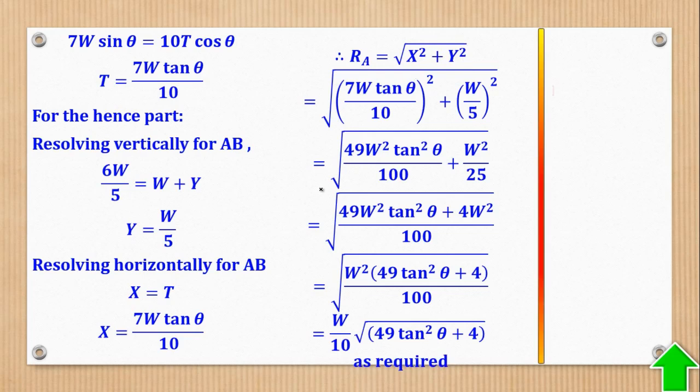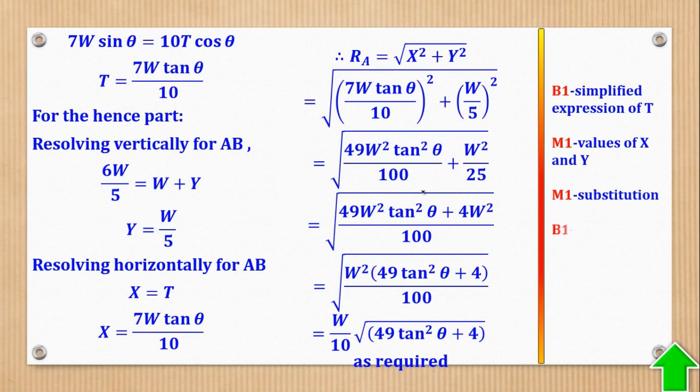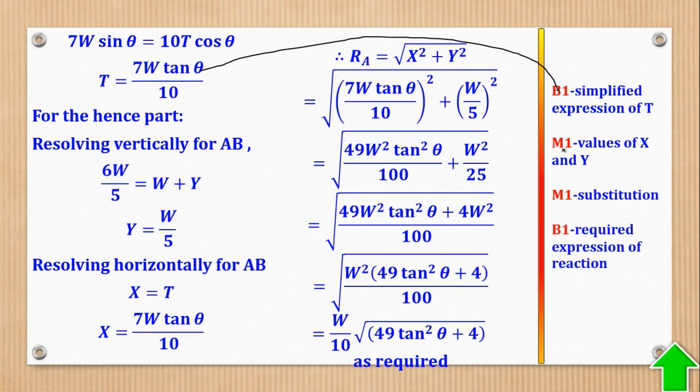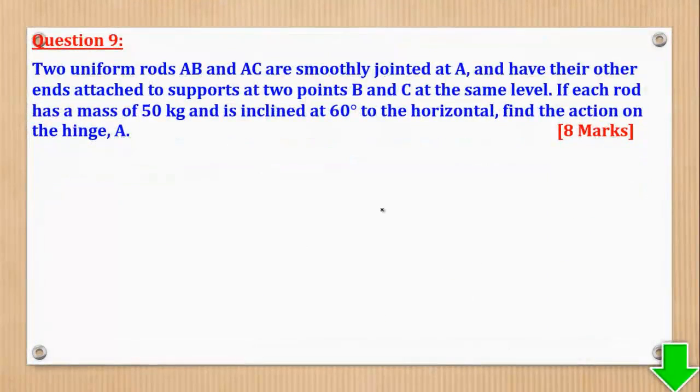So basically that's what they wanted. Now let's see how many marks can be awarded. B1 for simplified expression of capital T, M1 for values of Y and X, then M1 for this substitution, B1 for simplifying the required expression. So that was question 8.